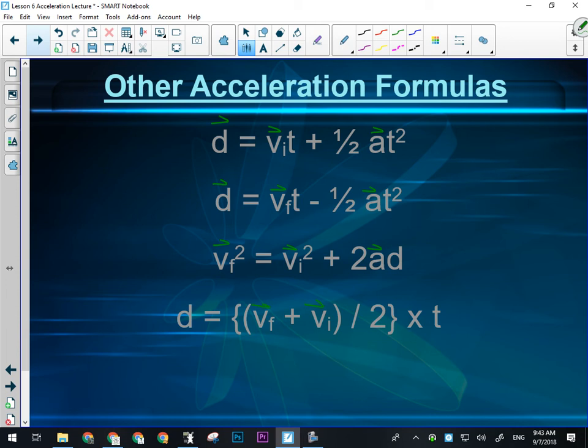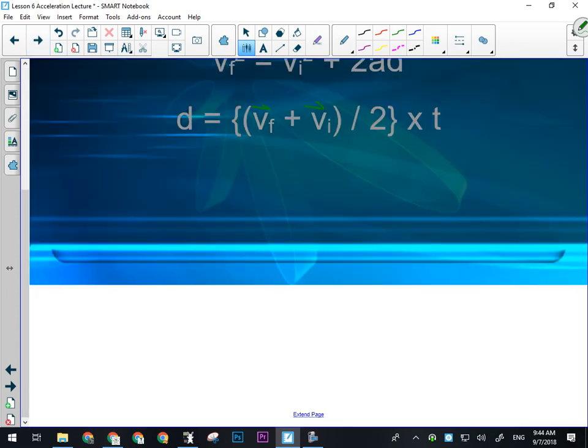The first one says that displacement equals the initial velocity times time plus 1/2 a t squared. Now, if you recall, the other day when we were talking about graphing, we said that basically all formulas are derived from a graph. This one solves for displacement. How do we solve for displacement on a velocity time graph?